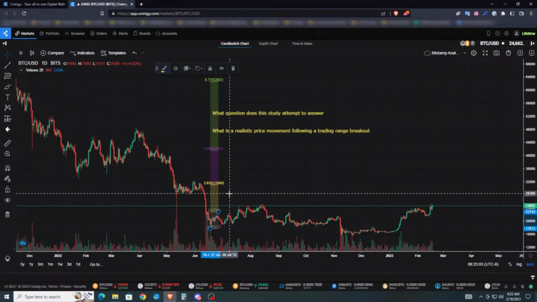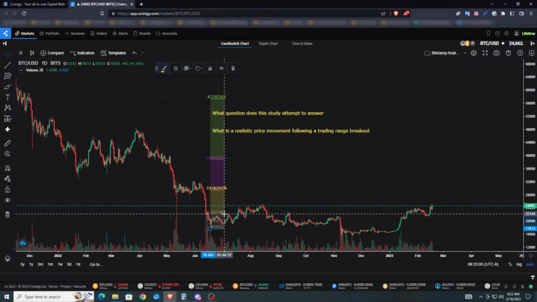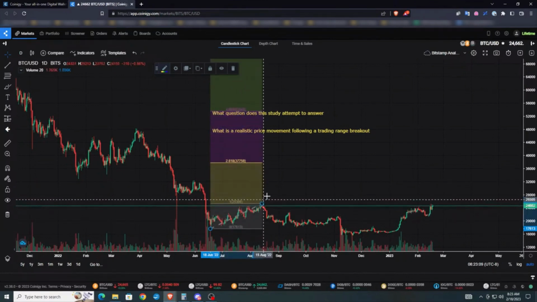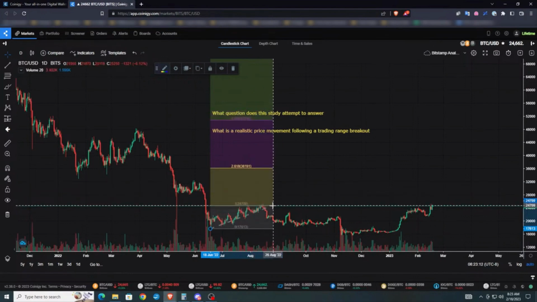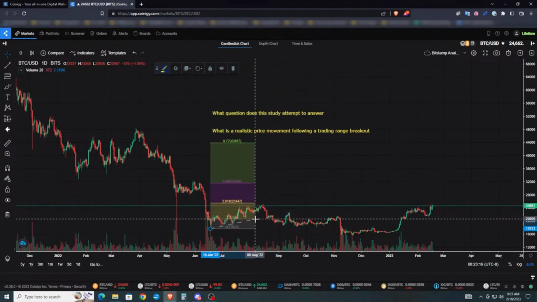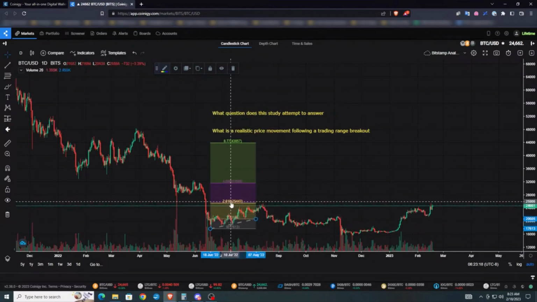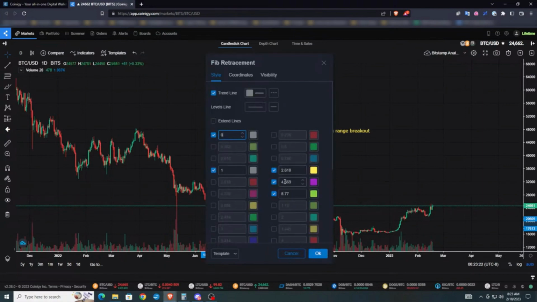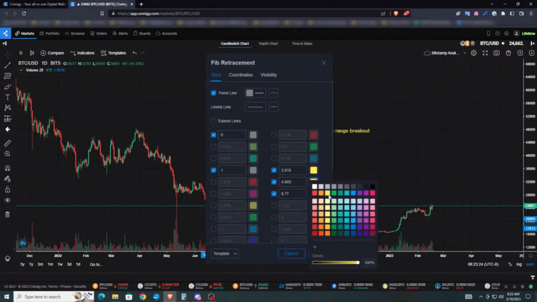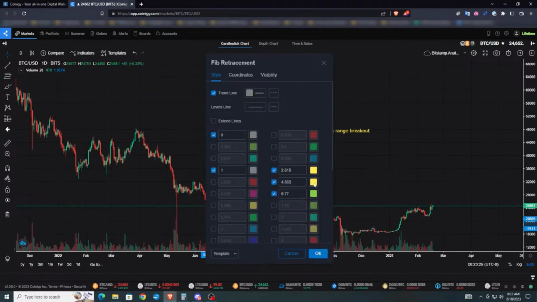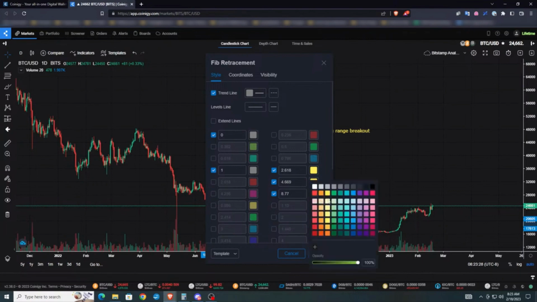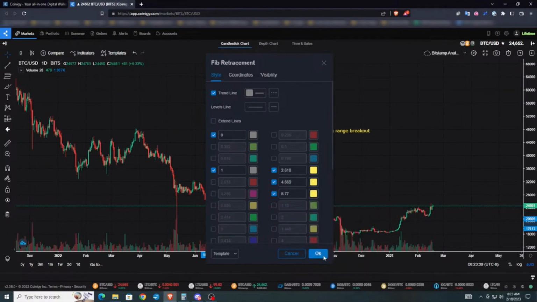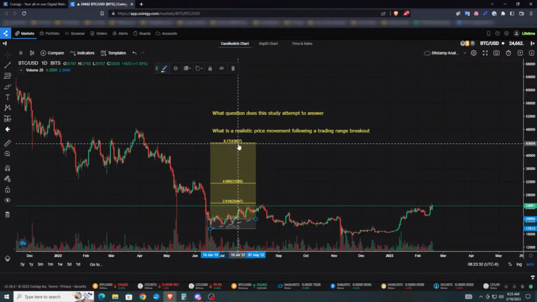For the purpose of this tutorial, we'll limit the study to these three primary levels for chaos theory. Those being 2.618, 4.669, which is technically the bifurcation level that's most important, and 8.77.